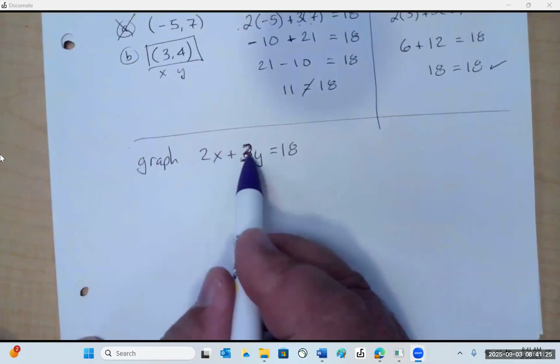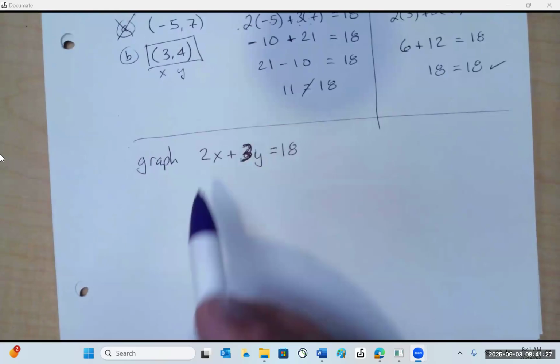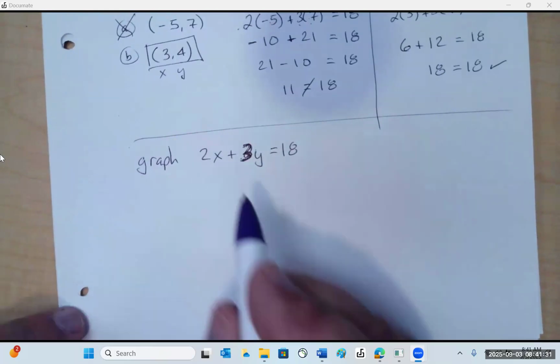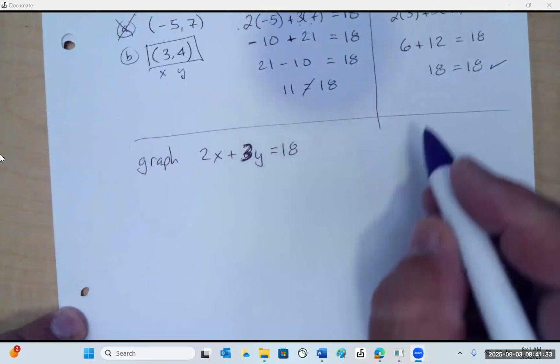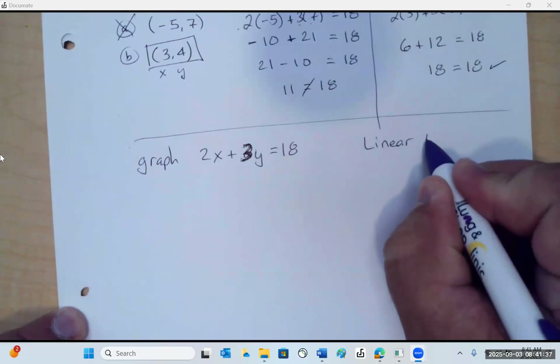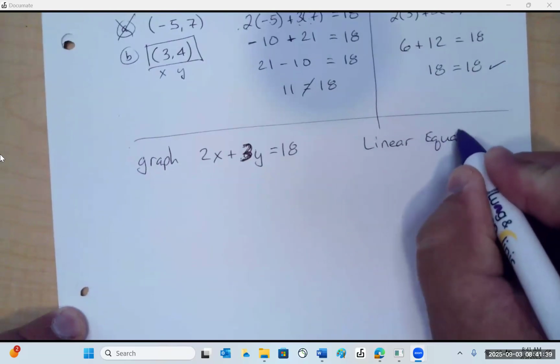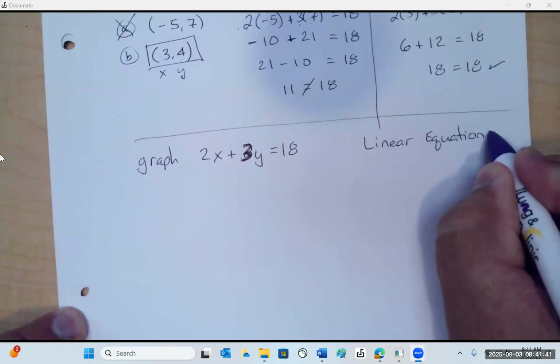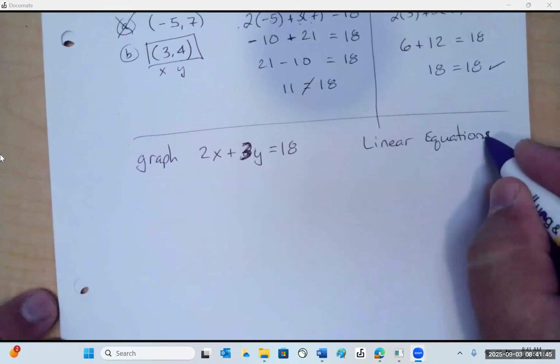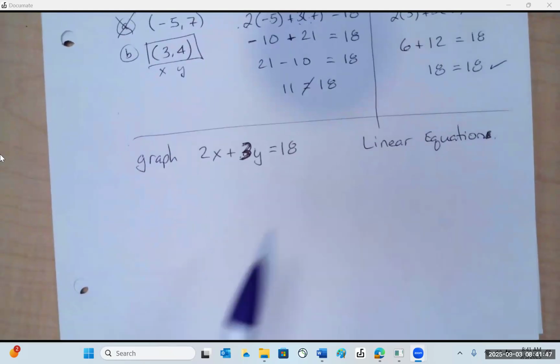Notice that the x and y don't have any powers, no square roots, no absolute values. If they're just x and y, we call those linear equations. So this is a linear equation because x and y don't have any powers, exponents, or square roots. They're just x and y.